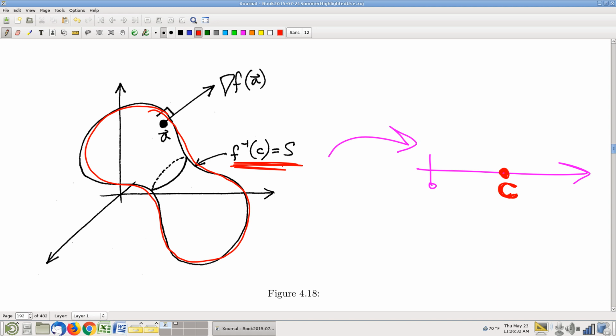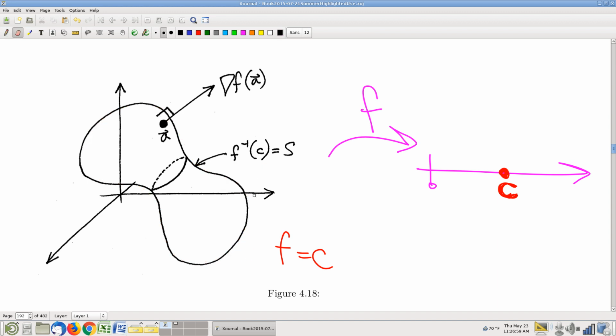So you might say, let me rewrite this a little bit. I'll just say f equals c on that curve. So this is a level set of some function f. Okay, so here's my claim. What does the gradient have to do with this picture?